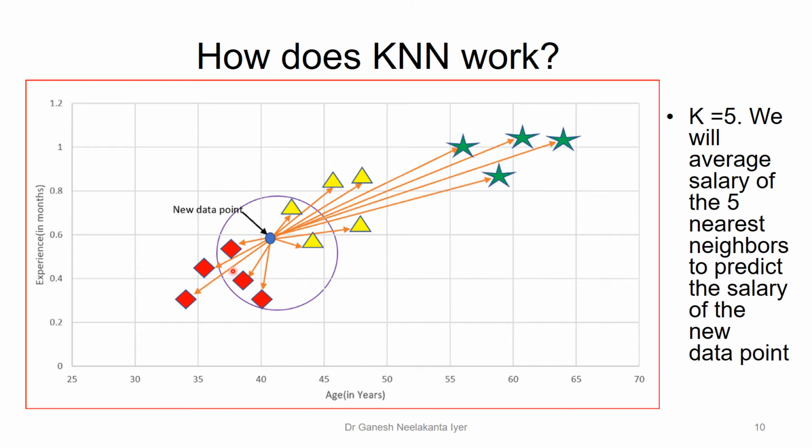That means from this blue circle, find the 5 nearest neighbors. When I found those 5 nearest neighbors, there are 3 red diamonds and 2 yellow triangles. So the highest one is from the red diamonds. So this blue circle will actually become a red diamond.